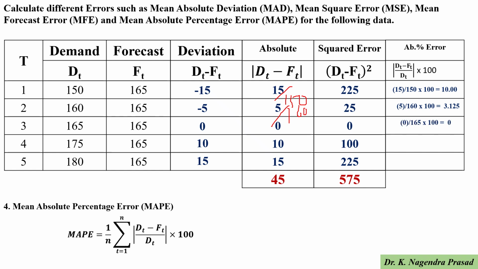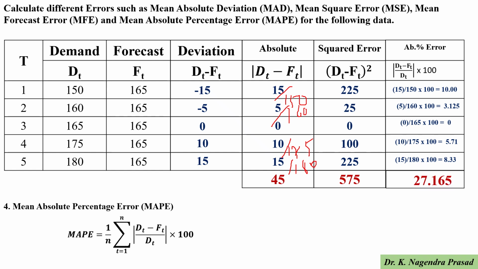For the next one, 10 divided by the dt value of 175, into 100, is equal to 5.71, and for the next one, 15 divided by 180 into 100 is equal to 8.33.